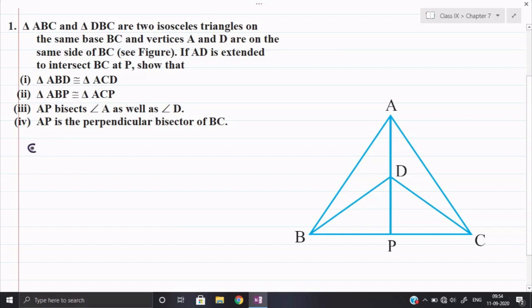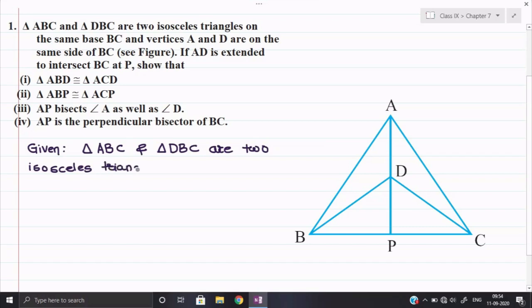Here we are given that triangle ABC and triangle DBC are two isosceles triangles, and we can mention the equal sides here.